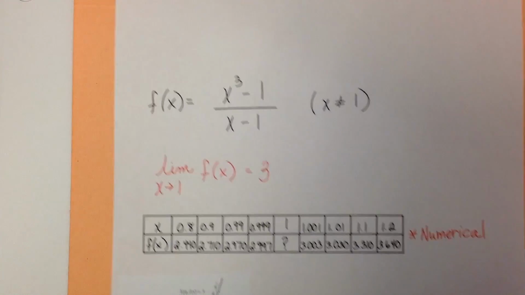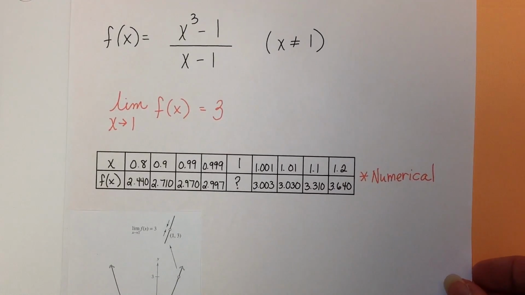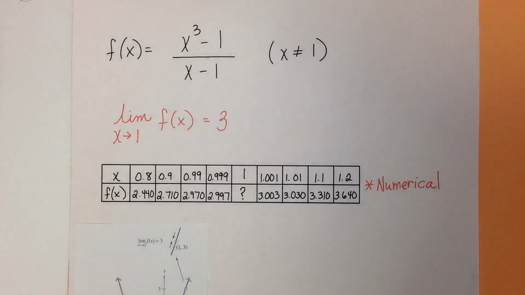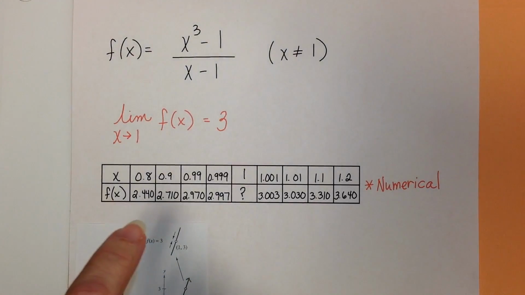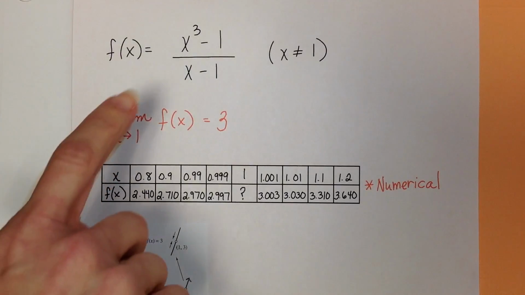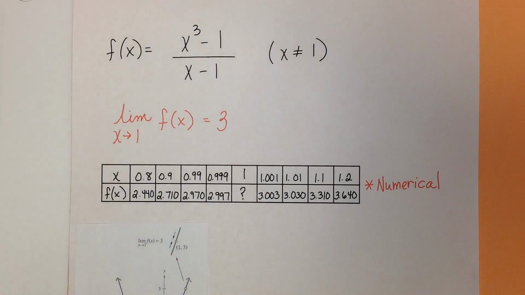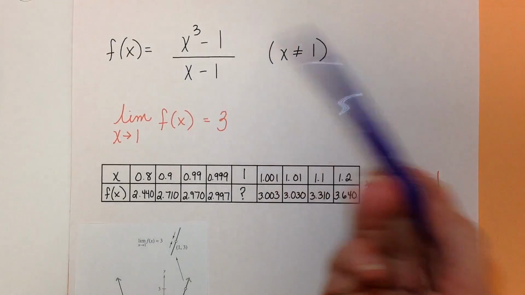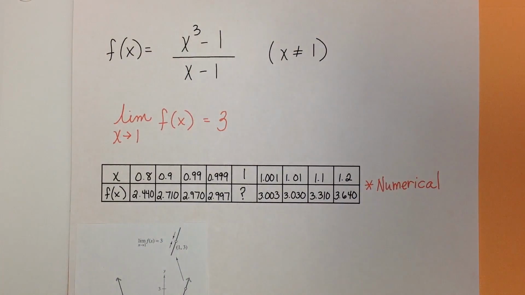Alright, so the first one we're going to look at here. Of course, I've already got some of this filled in for you, but then I'm going to show you how to fill it in as well. Alright, so our function is, of course, x cubed minus 1 divided by x minus 1. This is just saying x can't be 1 because you'd have 0 on the bottom. So that's just kind of a technicality there.